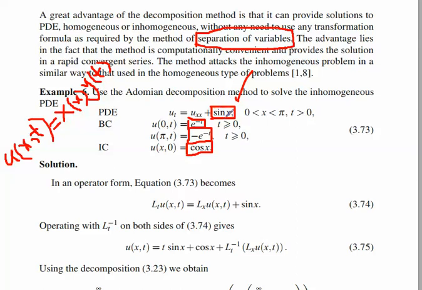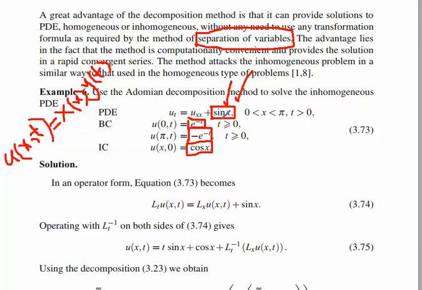So now here we have this inhomogeneous problem. This is exactly inhomogeneous because once you add an extra function to the heat equation, and if the boundary conditions are non-zero, then you can say that type of ODEs or PDEs are inhomogeneous.